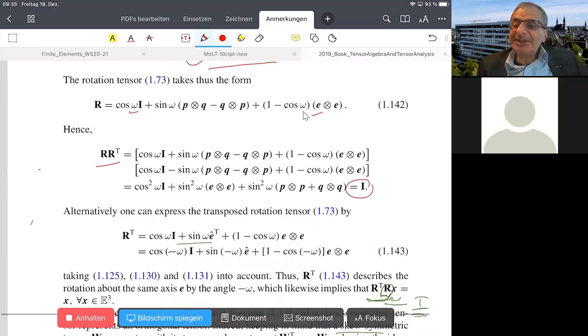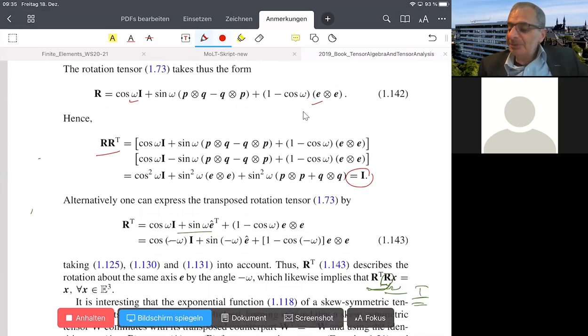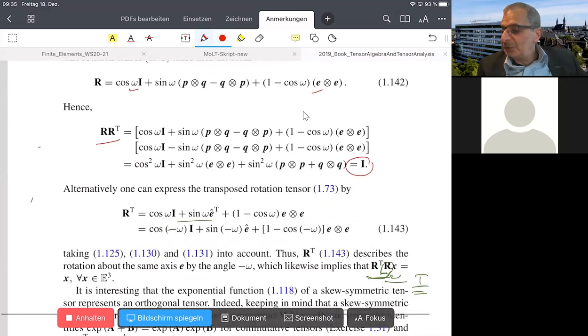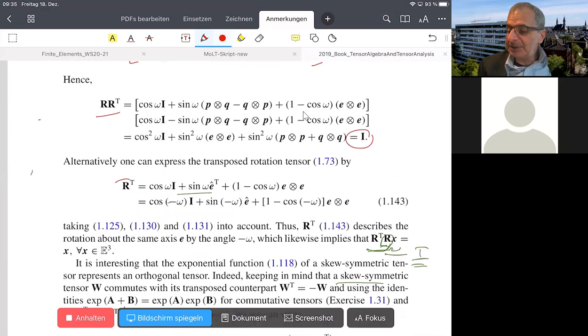But there was another more elegant, simple proof, namely, we showed that if we express R transpose, we can do it simply by changing angle omega to minus omega, which means that this is nothing but the rotation around the same axis but backwards, right, in the opposite direction.